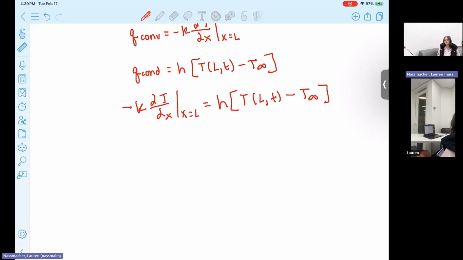The evolution of temperature within the slab is governed by a one-dimensional heat diffusion equation that can be written as the rate of change of temperature over time is equal to the thermal diffusivity multiplied by the second derivative.